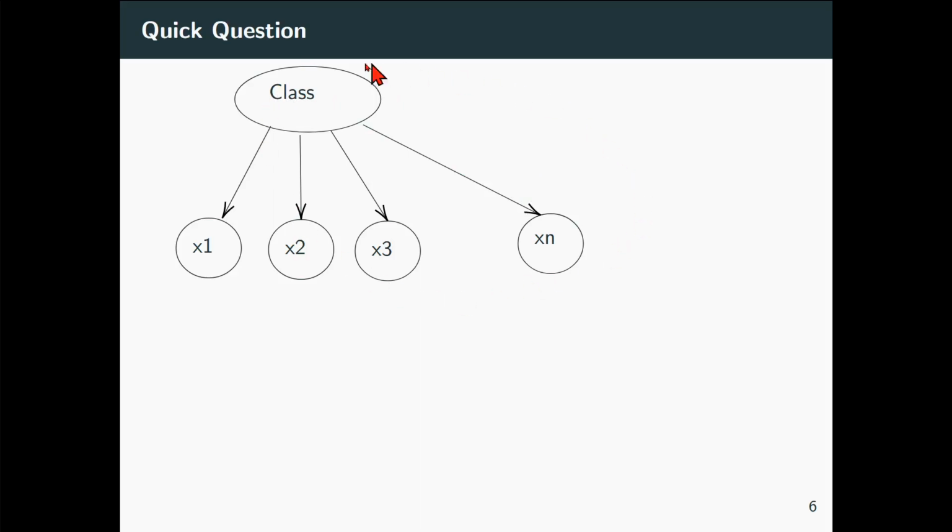Now this looks similar to the sprinkler, wet grass and rain examples that we've seen, but this is a different structure. You see that there are edges only going from the class to the individual features, but there is no edge between these features, or going the other way.